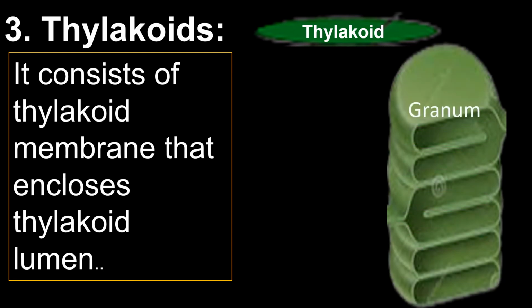Each thylakoid has a thylakoid membrane. Inside the membrane, there is a space called lumen. Each thylakoid consists of a thylakoid membrane that encloses the thylakoid lumen.